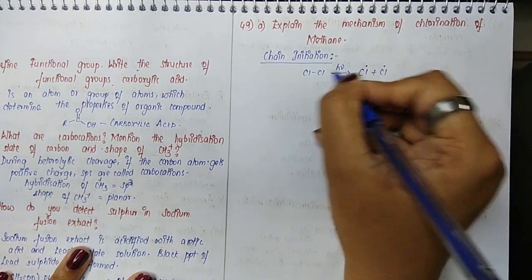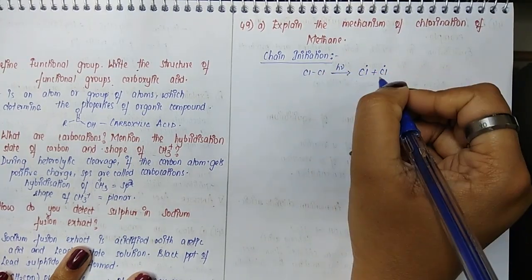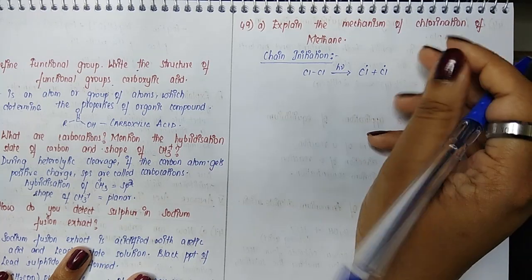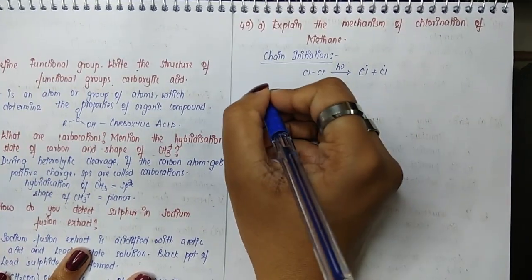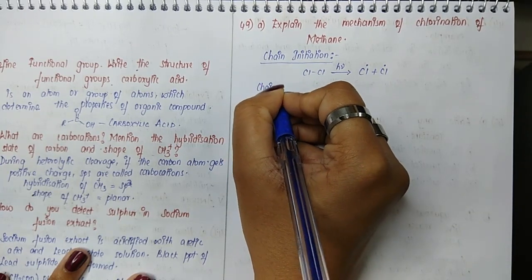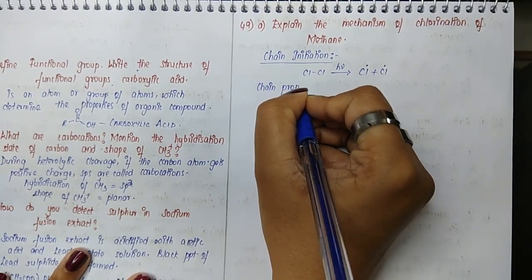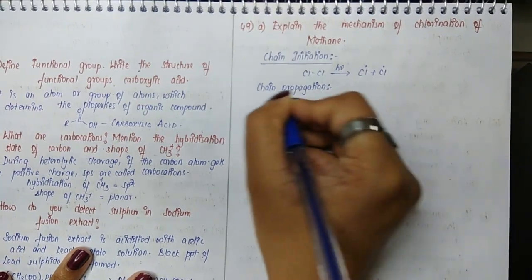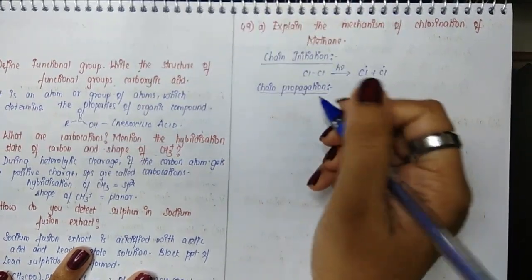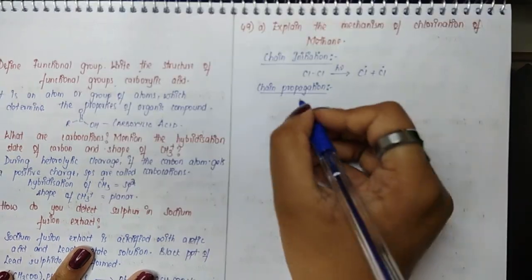When equal distribution of the electron across a double bond is there, you have a free radical. Now that the free radical is formed, we need to show the propagation step. So the next step is going to be chain propagation. Under chain propagation, we will utilize the radical here.